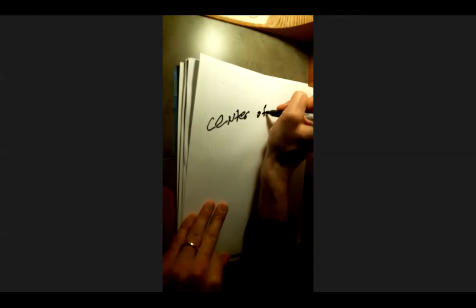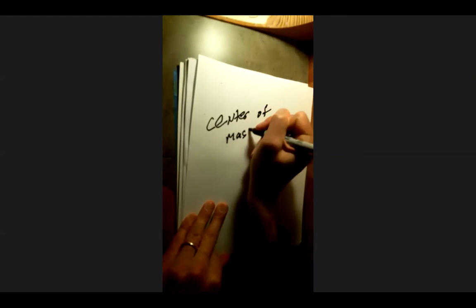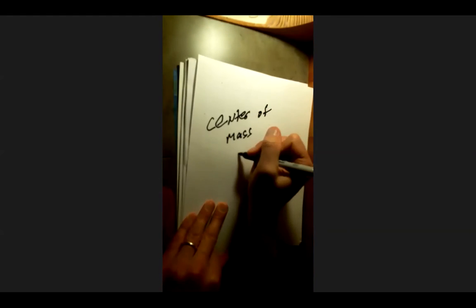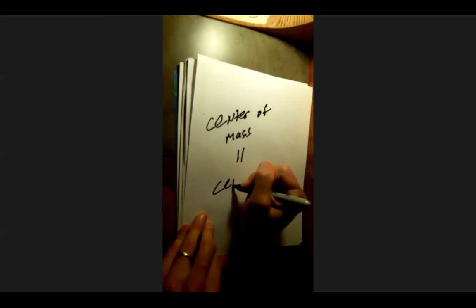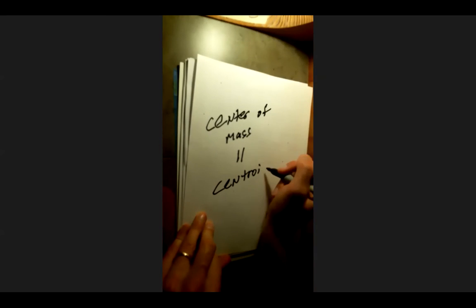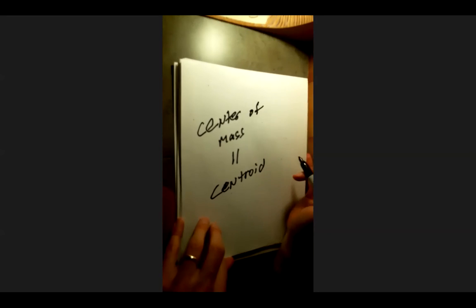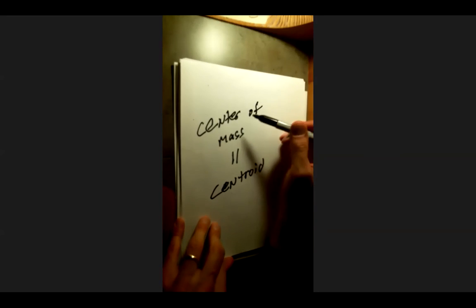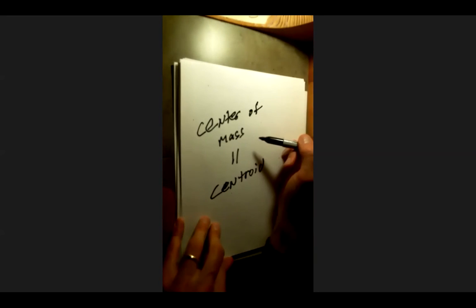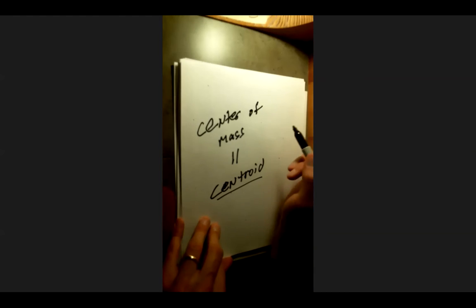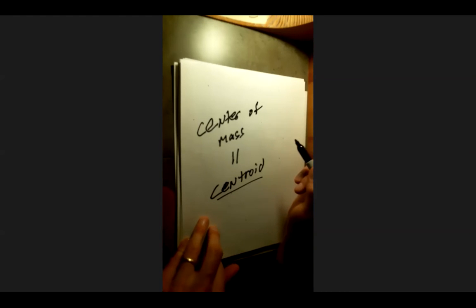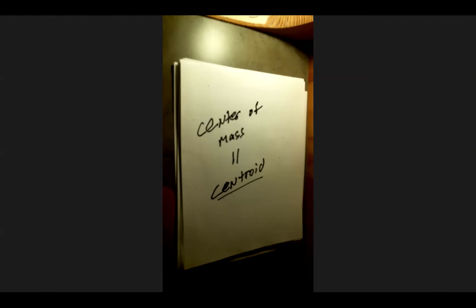The center of mass is equal to the centroid. You might have heard this. Mathematicians like to label things concisely. Center of mass is just way too many letters to write down, so we write centroid because it's shorter. And sometimes what math is about is just being cool. That's not the only thing it's about.